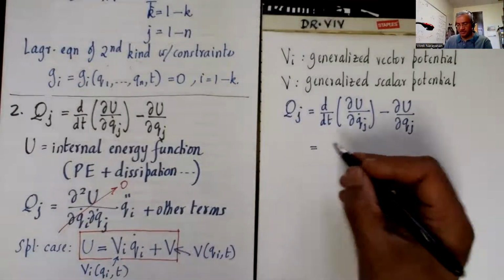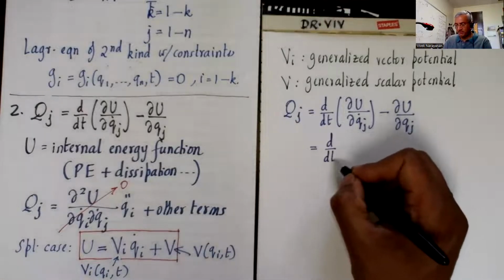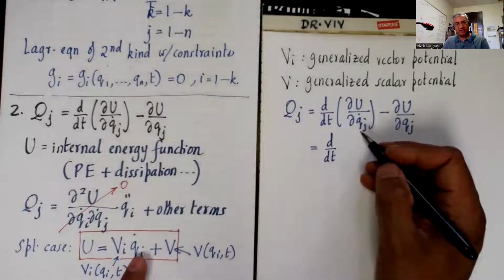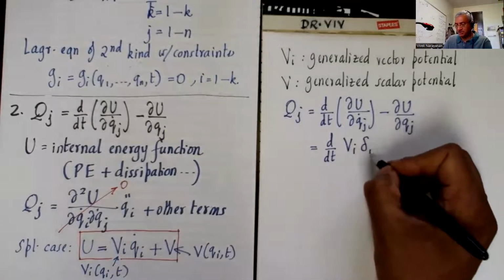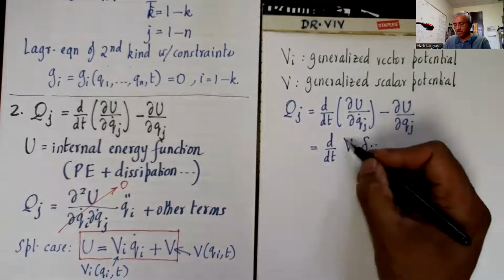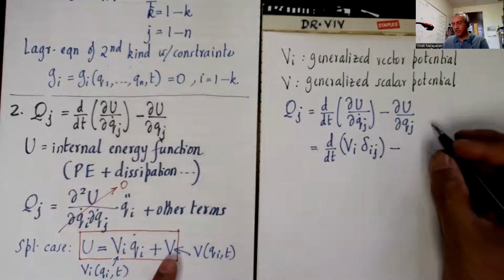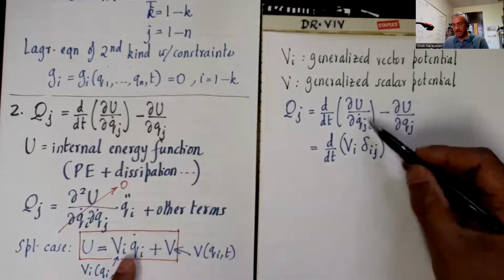From the first term, I'll get d by dt. When I differentiate with respect to qj dot, I only pick up contributions when i equals j. Otherwise, I do not. So I'm going to get d by dt Vi times delta ij. The delta ij is 0 if i is not equal to j. Minus, and this term here, that's what I will get from that.